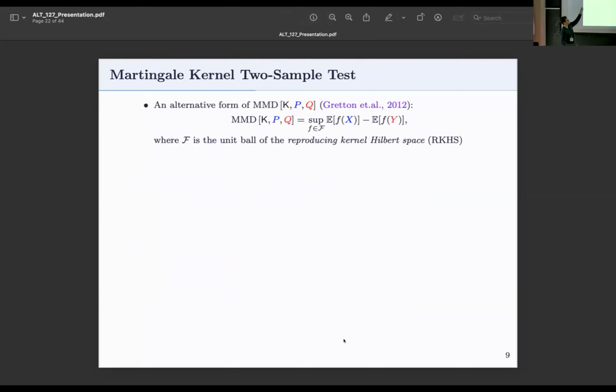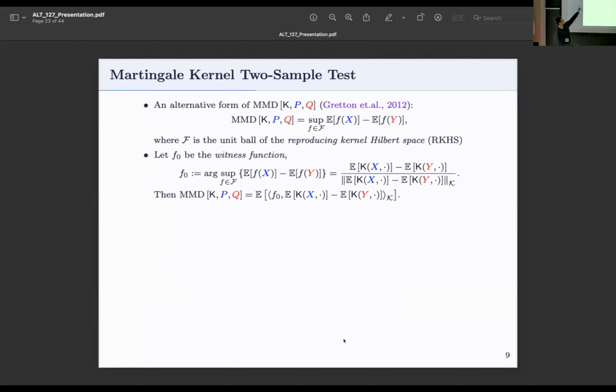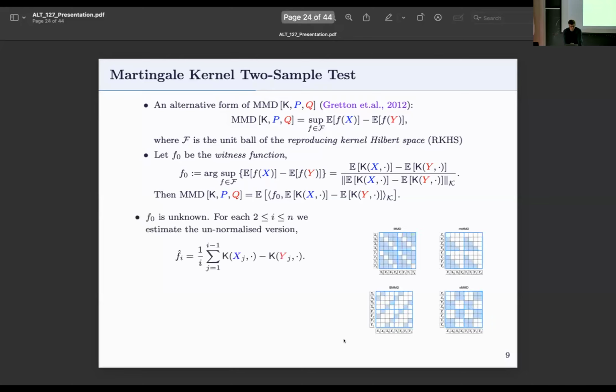We can express the MMD in its variational form as a supremum over a ball in the reproducing kernel Hilbert space, and the element that actually achieves the supremum is called the witness function. It can be expressed as the difference in the kernel mean embeddings normalized by its norm.